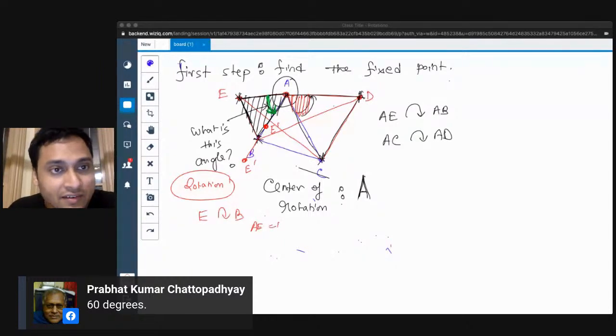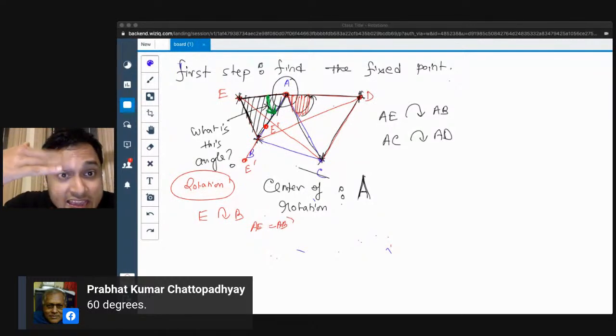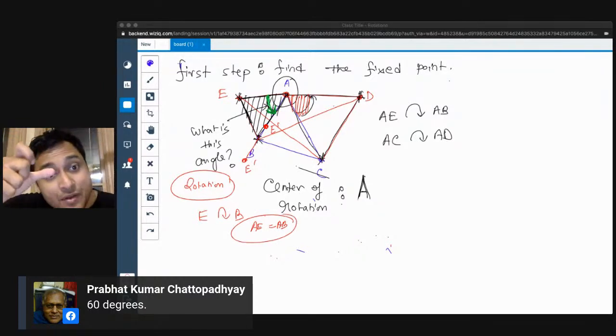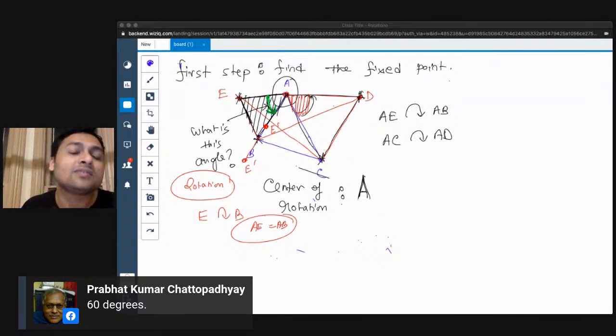That's the beauty of equilateral triangles. Lengths of sides are equal. So not only will AE fall along AB, AE will fall exactly on AB because the length of AE is equal to the length of AB and the angle is 60 degrees.